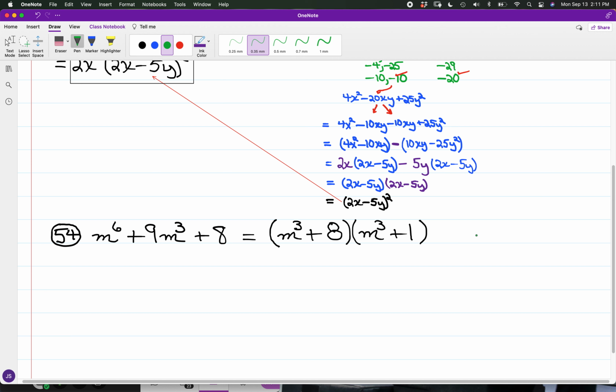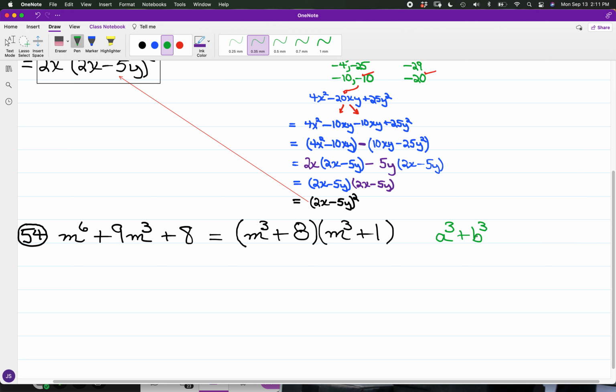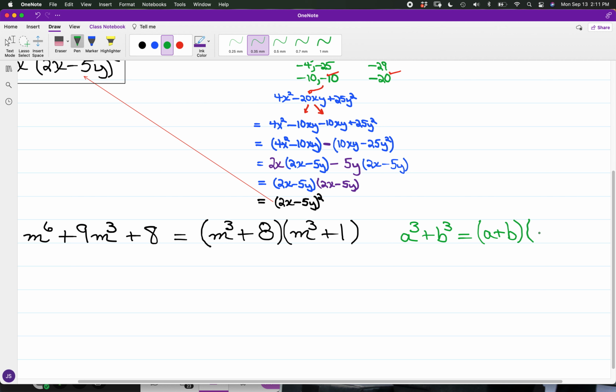Just going back to the case of the sum of cubes, you could have the general expression a cubed plus b cubed, and this would factor to the quantity a plus b times the quantity a squared minus ab plus b squared.